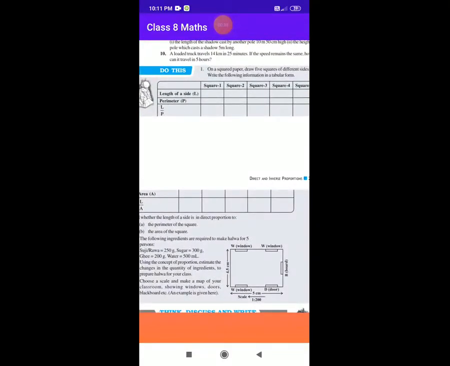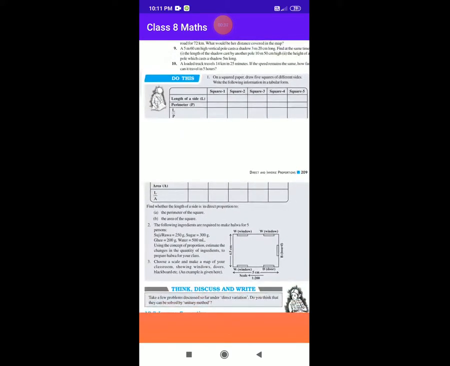On a squared paper, draw 5 squares of different sides and write the following information in tabular form. Square 1, 2, 3, 4, 5.